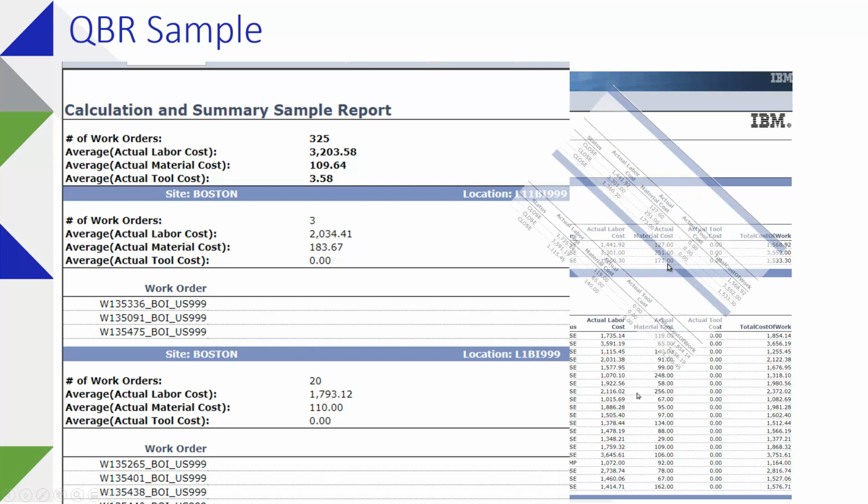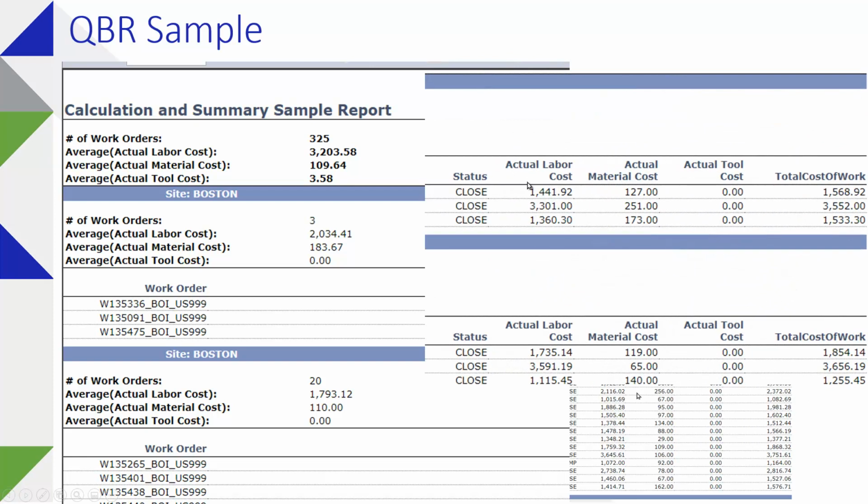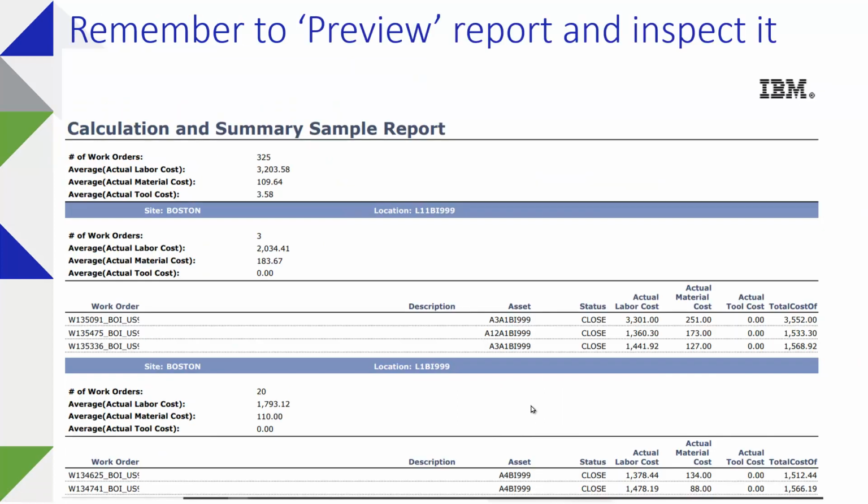On the right-hand side, our calculation actually included the individual fields, but you can do that if you want to manually check the math and make sure it's behaving properly to get your total cost of work, or whatever your total is based on your calculation. And if I look at what it's going to look like on the printed side, I see I have a little bit of a problem here. Total cost of, just doesn't appear.